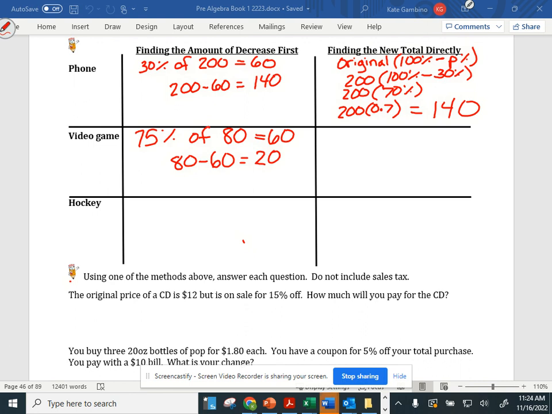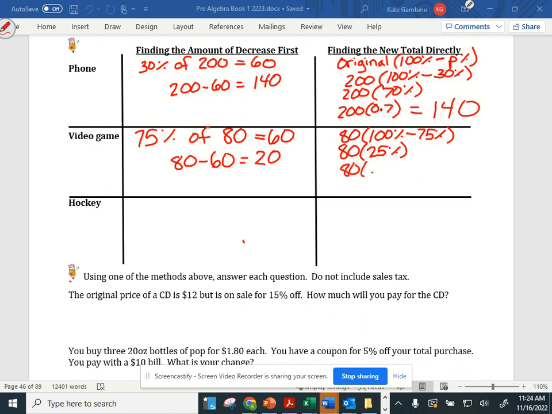Woo! Nice discount. If we do it with our original, the original price was 80, 100% minus 75%. So 80 times 25%.